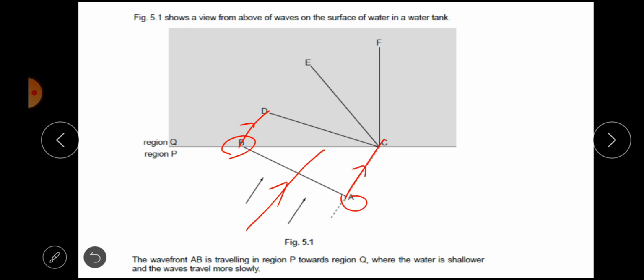So you can see that the correct one is going to be CD, because B traveled to D and it is shorter than the distance from A to C. So our correct answer is CD.